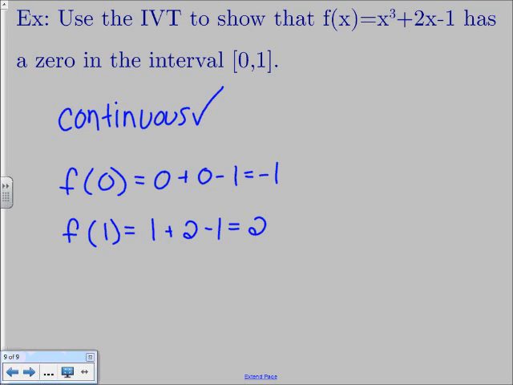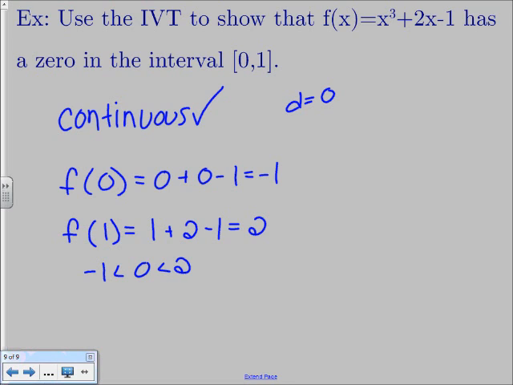We're looking to see if it has a 0, which means we want to know if there is a c value that gives us a d value of 0. Well, negative 1 is less than 0, which is less than 2.